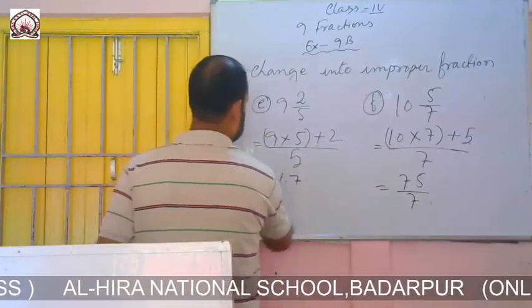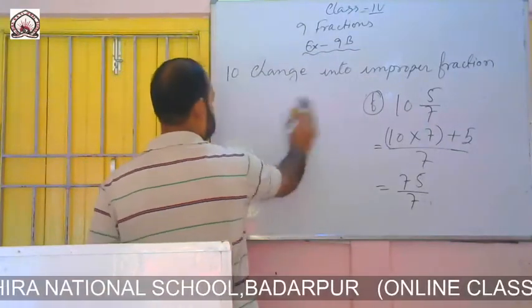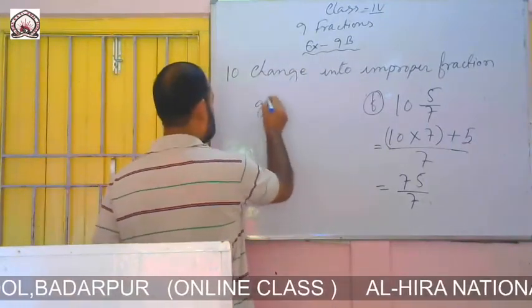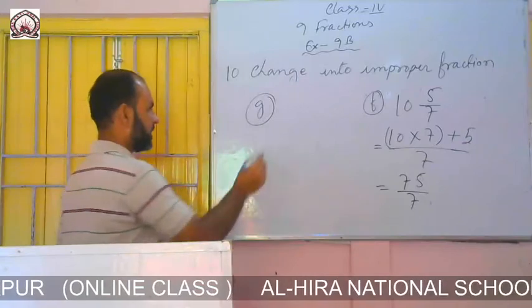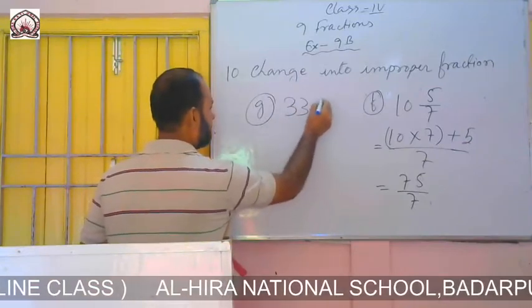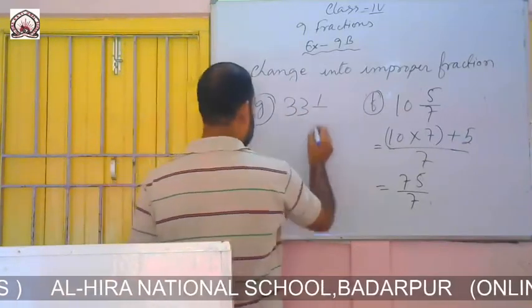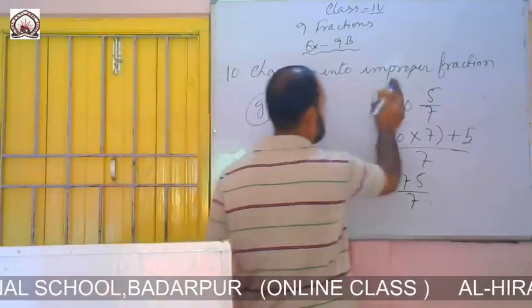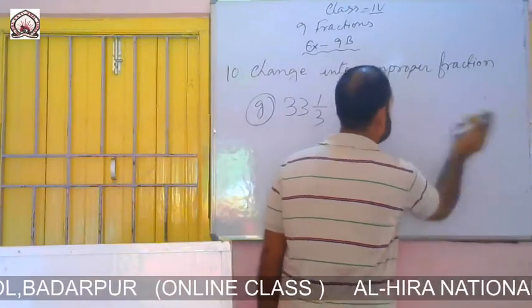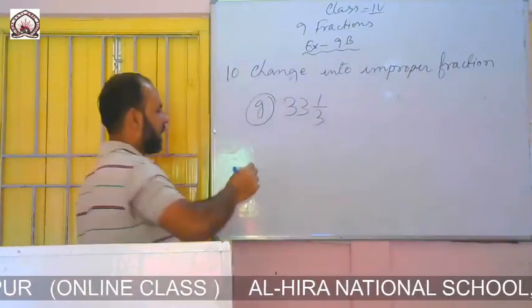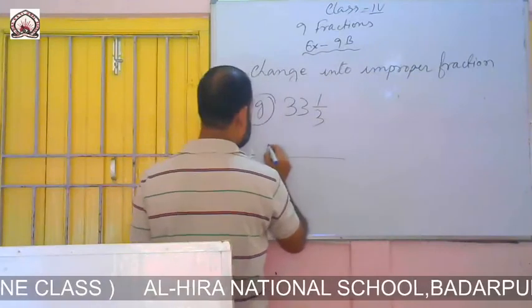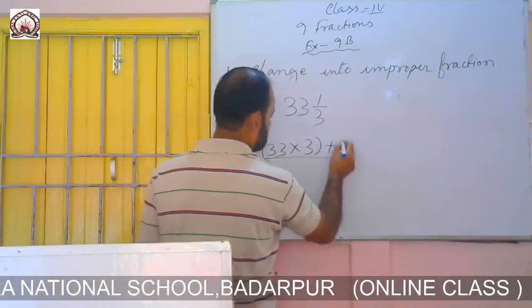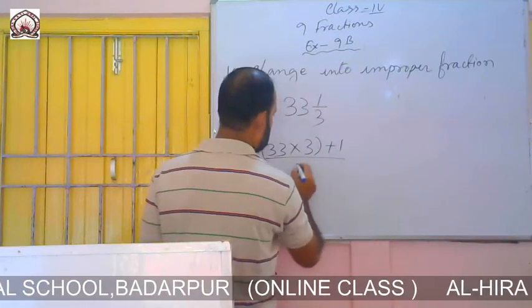Next, question number G. 33 1/3. Now here 33 into 3 plus 1, over 3.